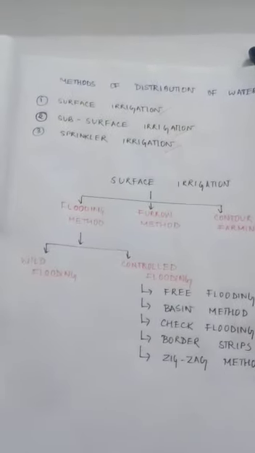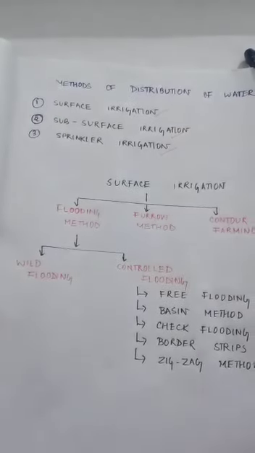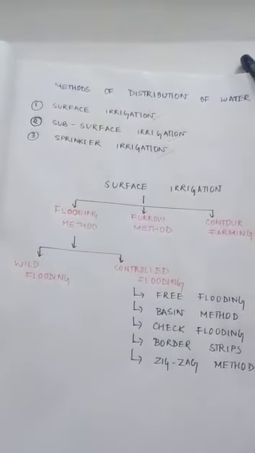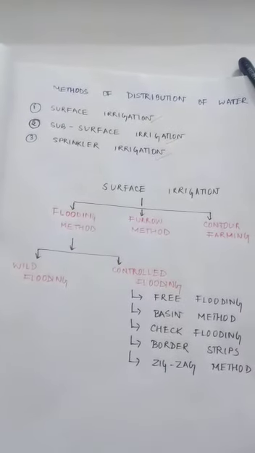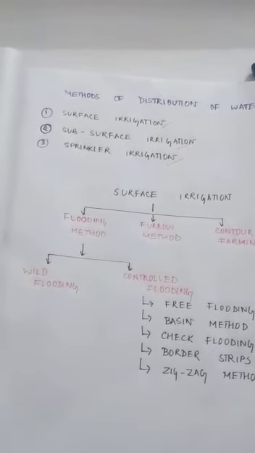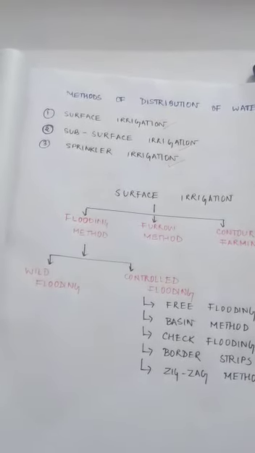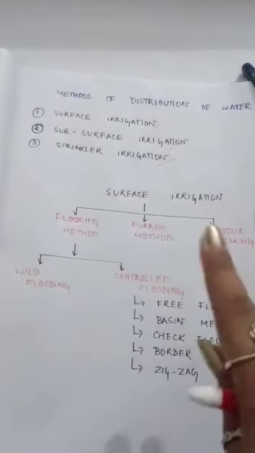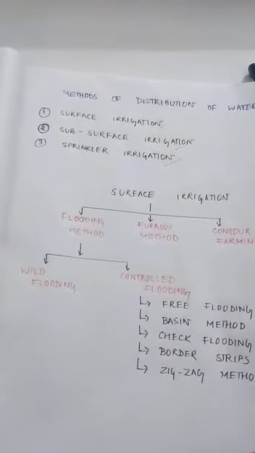Now what is meant by surface irrigation? Surface means on the surface of the soil, right? And irrigation is the application of water. So from these two words we can say in short that this is the irrigation which is applied on the soil.